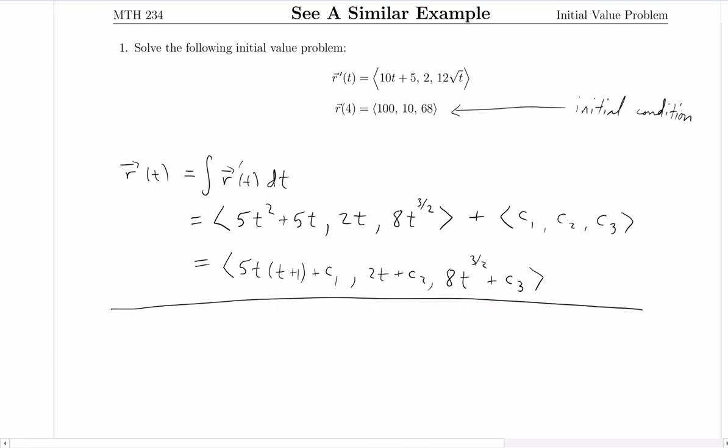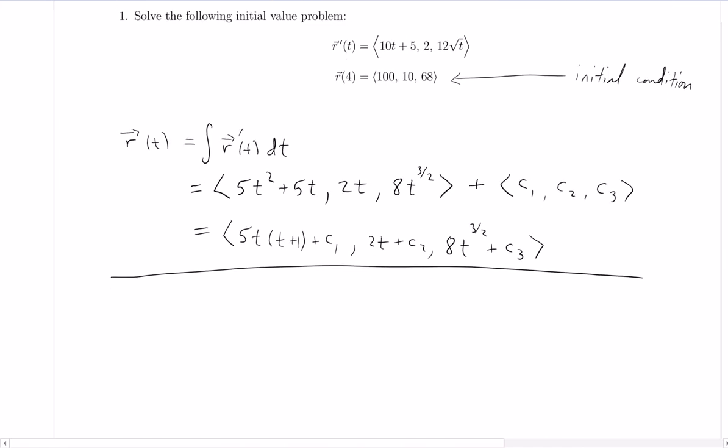So we're told what values we should get when we plug in 4. So let's just check it. So when we plug in 4, what happens? So here we get 5 times 4 is 20. Times 4 plus 1 is 100. So 100 plus c1.